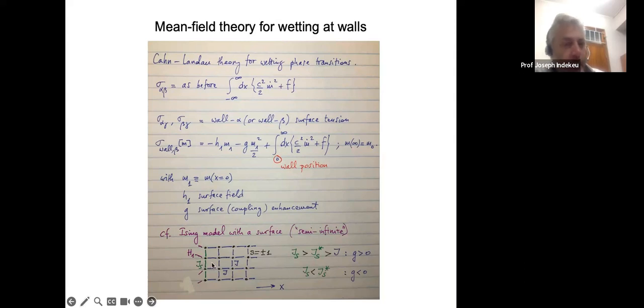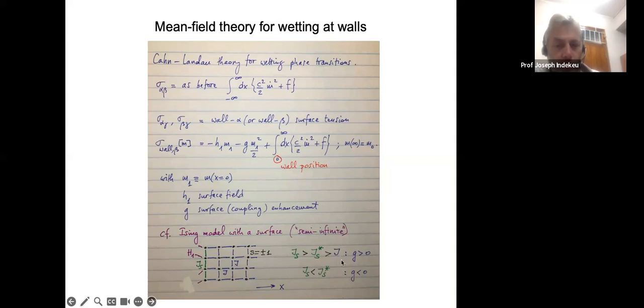but there is an indirect correspondence in the sense that when the surface coupling, supposedly, let's take all the couplings ferromagnetic, all positive, so the spins want to be aligned in neighboring places. The surface coupling, when it is larger than a particular value, which we call the star value of the surface coupling, and this value is greater than the bulk coupling.